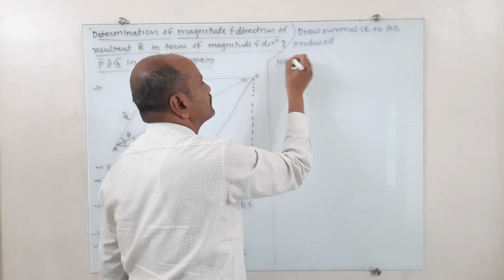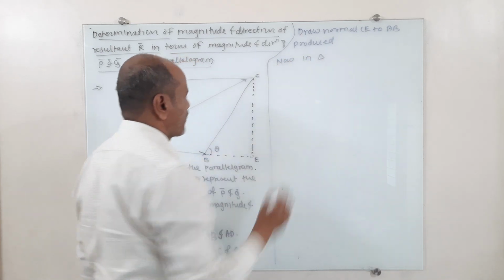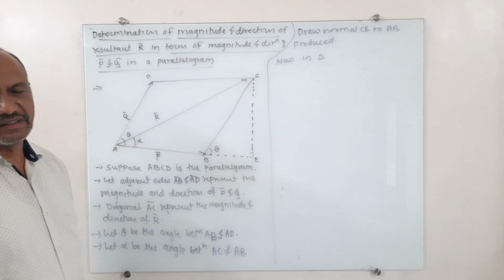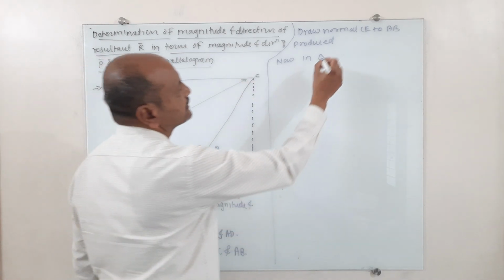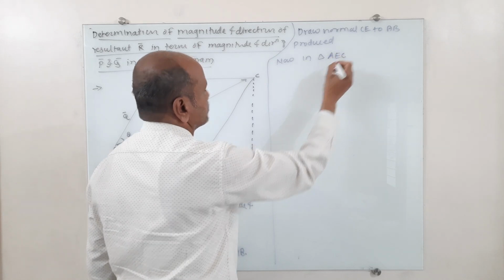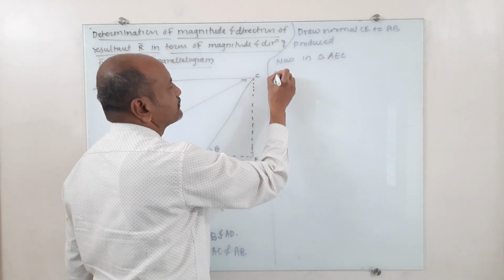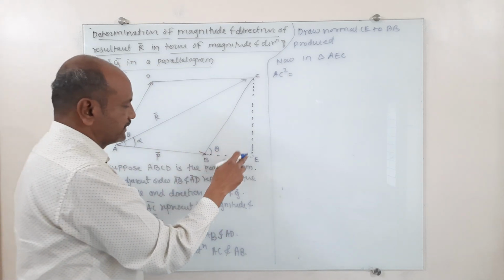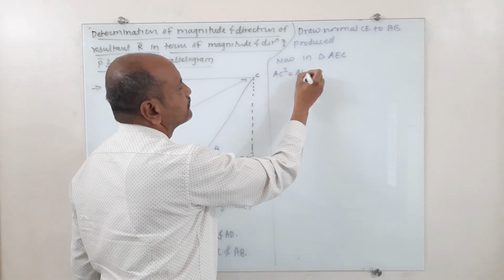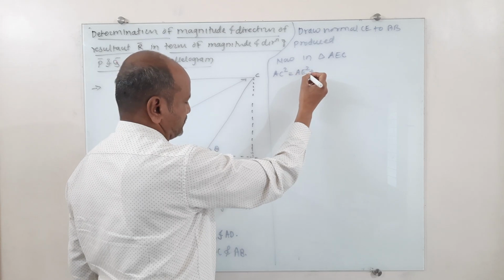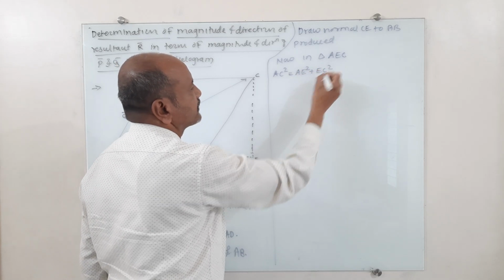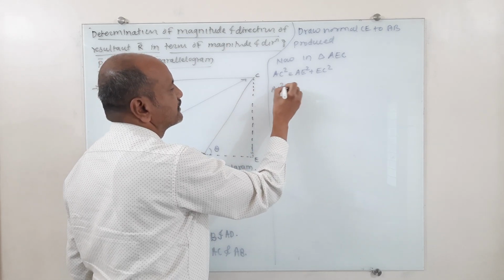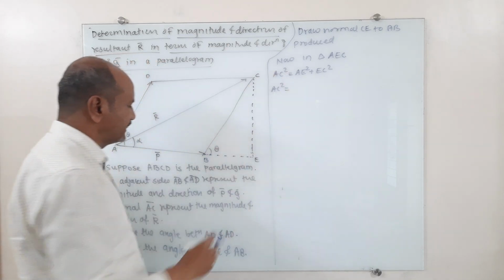Now, inner triangle AEC. In triangle AEC, AC square is equal to AE square plus EC square. Therefore, AC square is equal to, how to write AE?